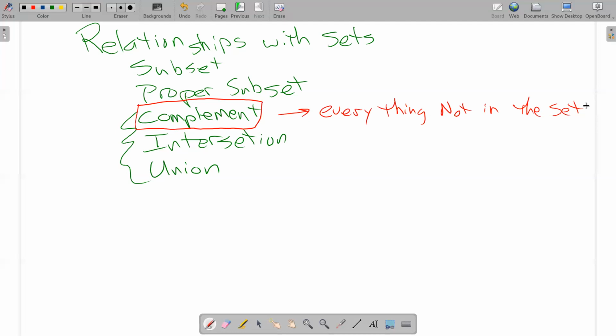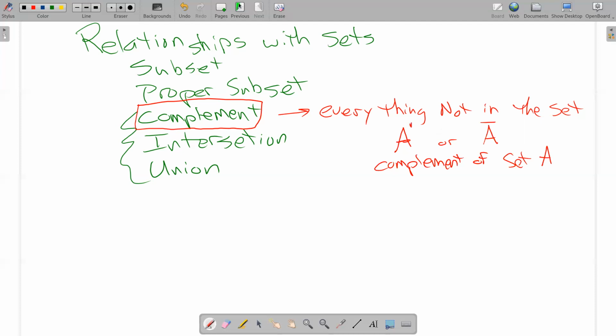Sometimes they'll put a bar over the set. Sometimes they'll put a little apostrophe next to the set. So if you see something like A with an apostrophe, that would be the complement of A. Or sometimes you'll see A with a bar over it. And that would be, again, everything that's not in set A.